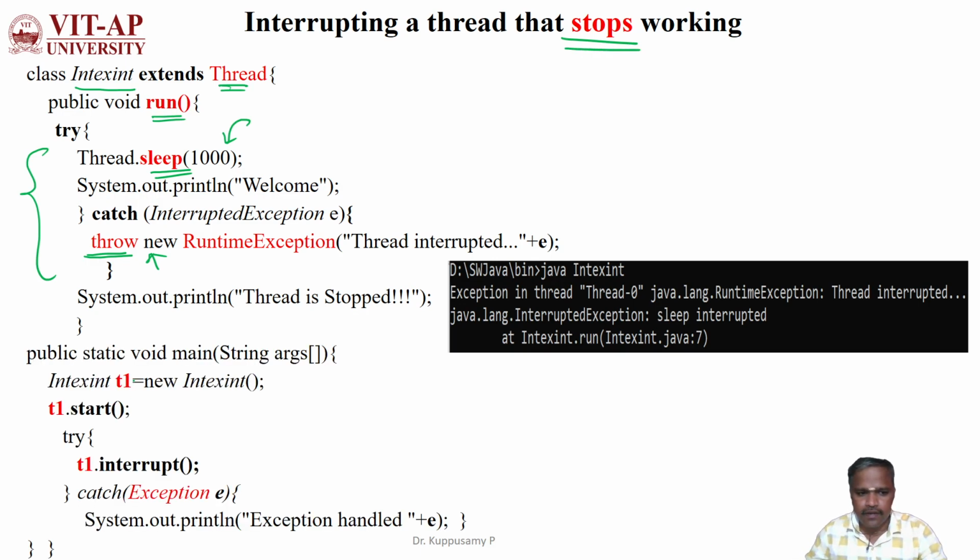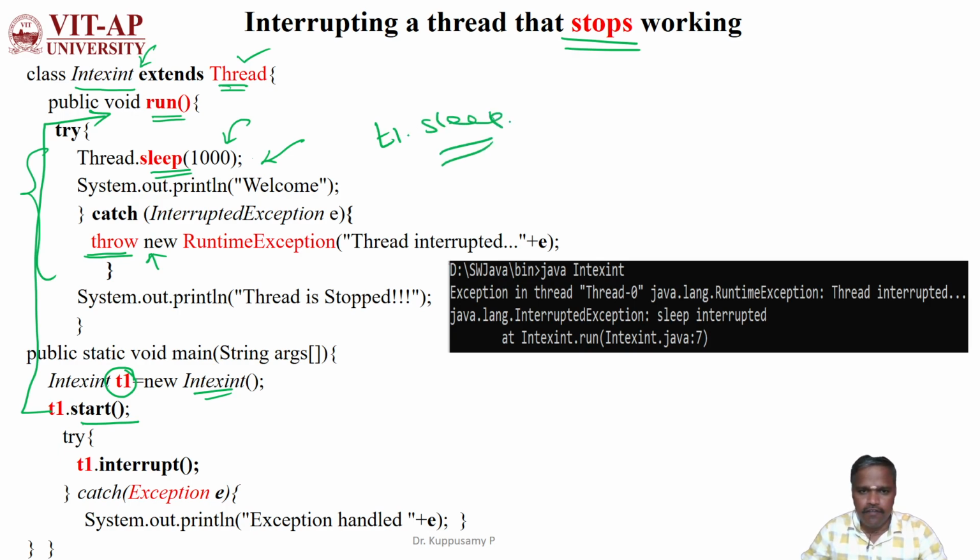Here I am creating the thread t1 by using the class int. Then I am invoking it. Once I invoke it, the run method will execute. Then immediately I am introducing the sleep method. So now t1 is in sleep mode.